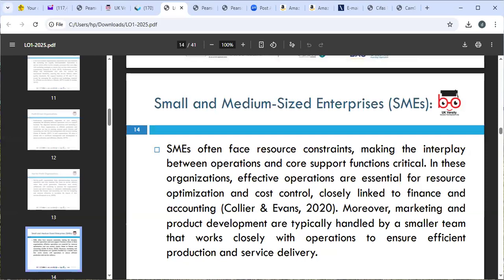So even though the SMEs are quite small in nature, there should be effective operations which are essential for resource optimizations and cost control. And this should be closely connected to finance and accounting. Okay. Very important.